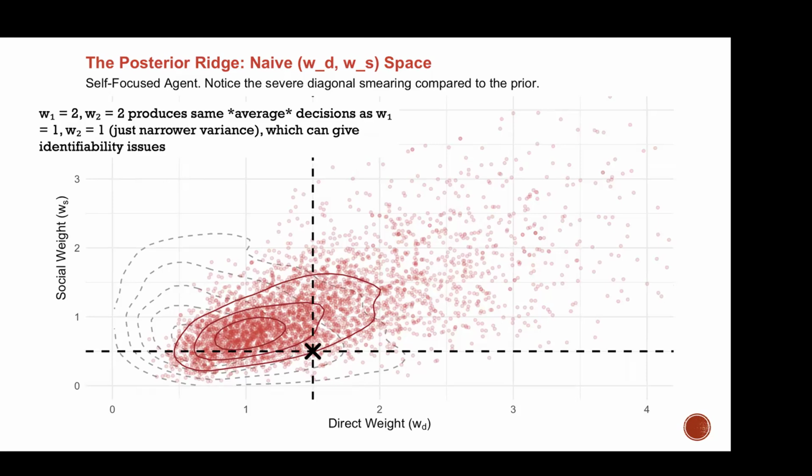Then we look at the specific position of this funnel. And what we see is that it follows a diagonal, which corresponds to the actual ratio of the two weights that we gave the simulation. Let's say that it was 0.5 and 1.5, I think it actually was. And then we can see that if we follow the diagonal roughly, not exactly, but roughly, all those pairs will reflect the same ratio.